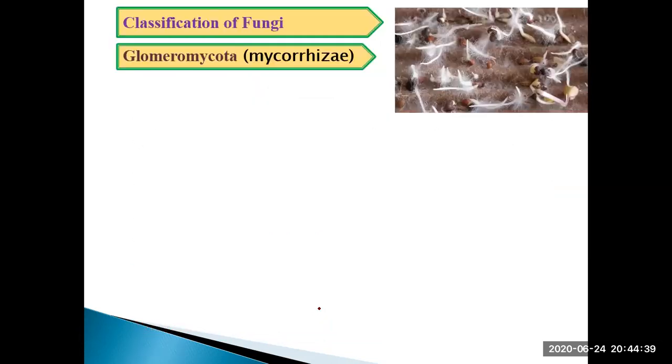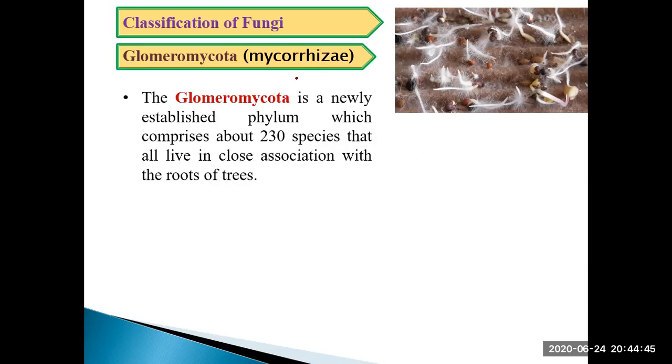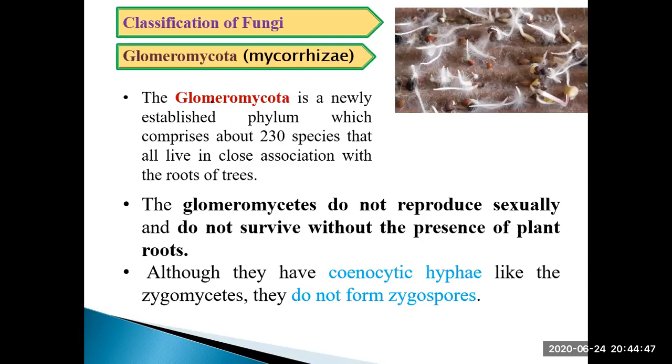And our next one is Glomeromycota, or we also say mycorrhizae. That is the nickname. It is a newly established phylum, and these glomeromycetes do not reproduce sexually. They always reproduce asexually, and they cannot survive without the plant root. Why?